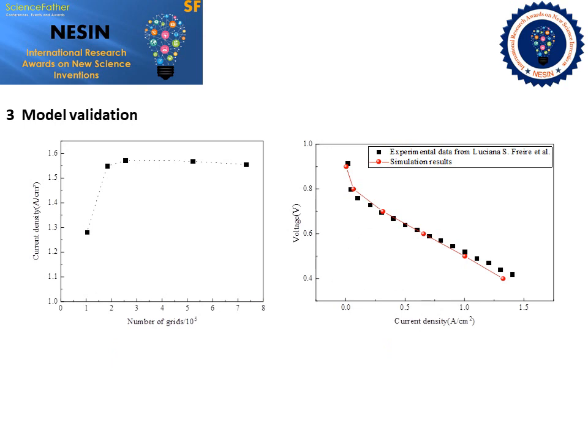So the third is model validation. Before performance numerical calculation, the effect of grid number on the calculation results is examined to obtain grid independent solutions.